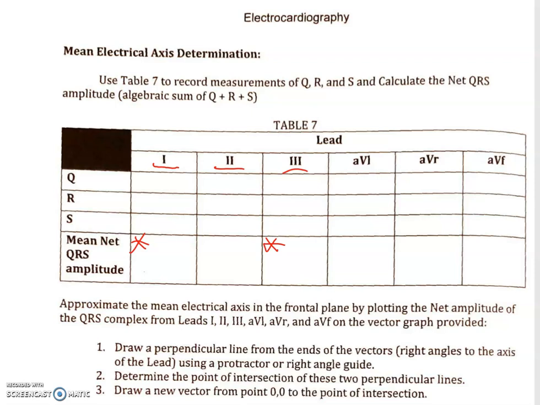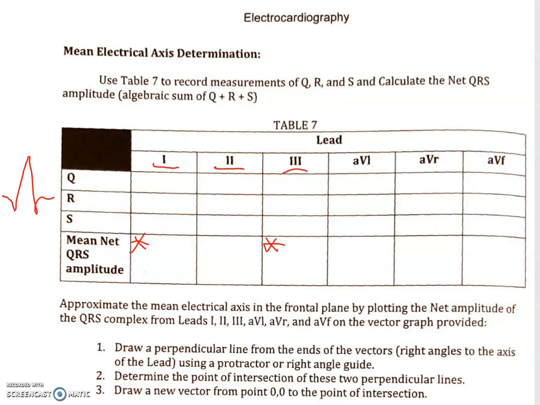Measuring the QRS and then subtracting the Q and the S from the R is not really that meaningful. So what we should do is go from the baseline and measure. Let me just draw this here. So this would be Q, R, S, and then we're going back to the baseline.